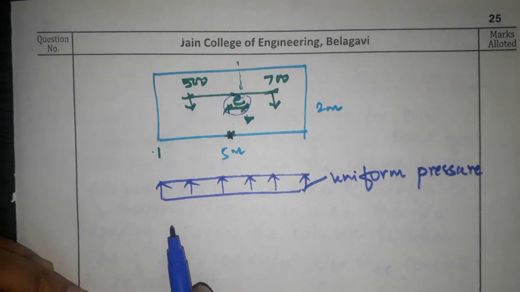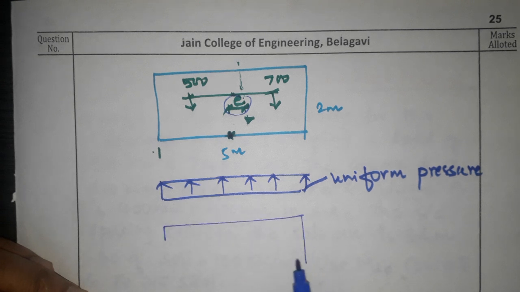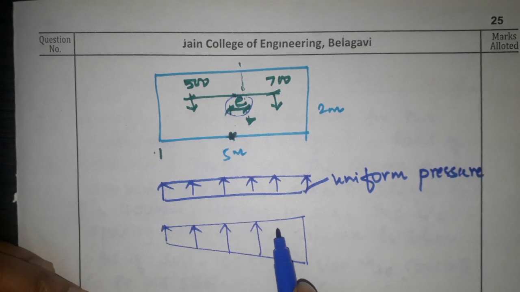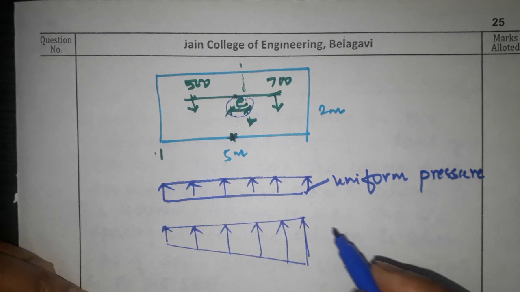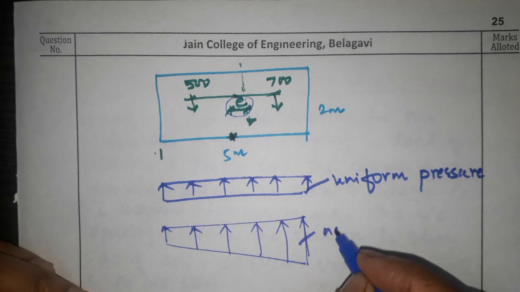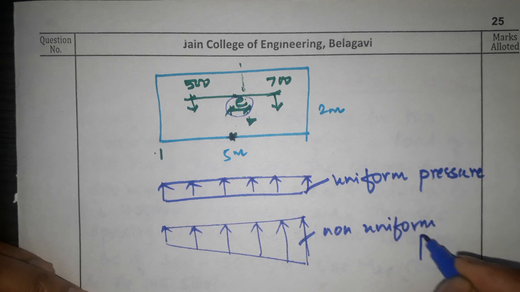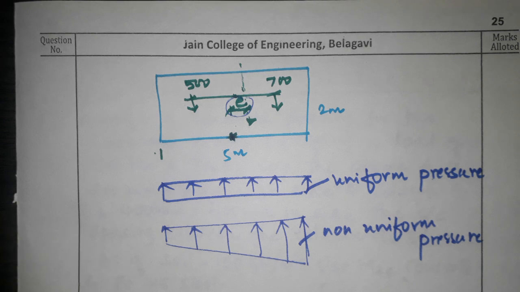What will happen at that time? Your pressure distribution will be something like this. It will be non-uniform pressure. Correct?